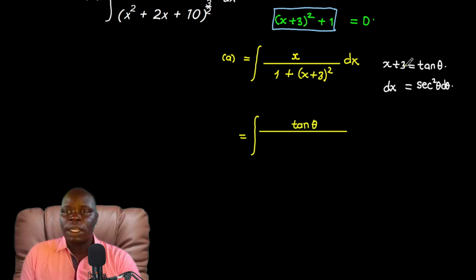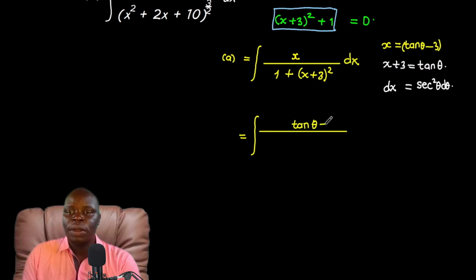So this tan theta will be joined by 3. So to make x the subject alone from here, maybe let me move up here and say our x is equivalent to tan theta minus 3, so that we only have x isolated. So here we also have minus 3.